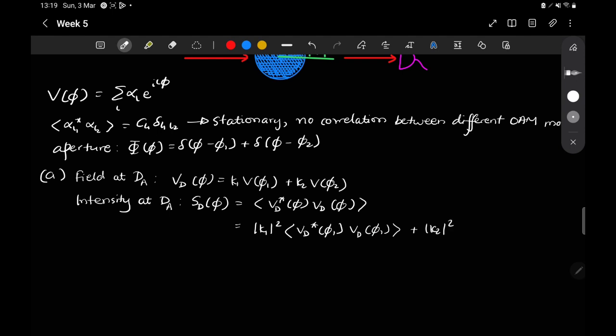So this intensity then turns out as contributions from the first slit plus the contribution from the second slit and then cross terms.